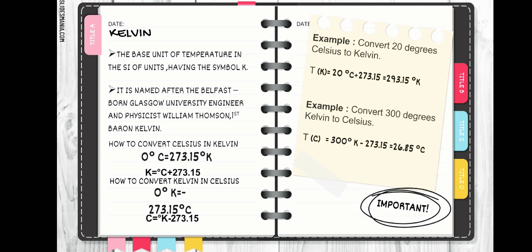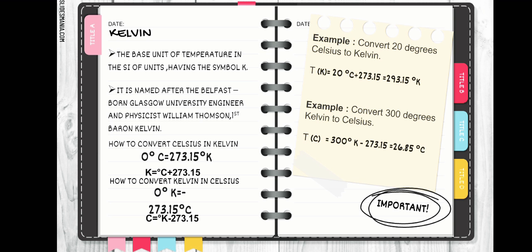the 273.15. In converting Kelvin to Celsius, you need to deduct 273.15 from the amount of Kelvin. 0 Kelvin is equivalent to negative 273.15 degrees Celsius.